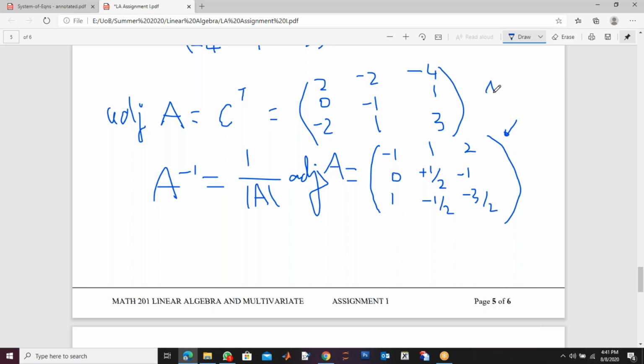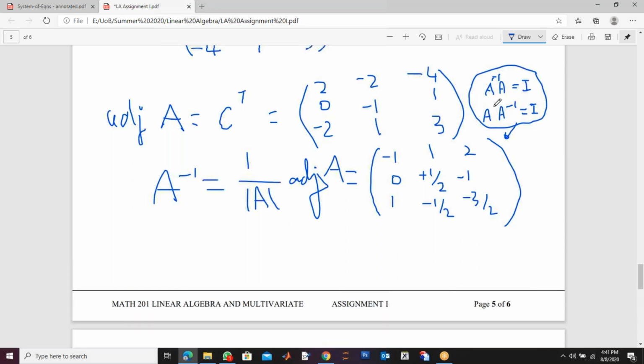You can multiply A inverse with your A. You should get the identity matrix, okay? And similarly, if you multiply A with A inverse on the right, you will again get the identity matrix. So if you want to check whether your inverse is correct or not, you can just multiply, and you don't have to write, just multiply in your mind.